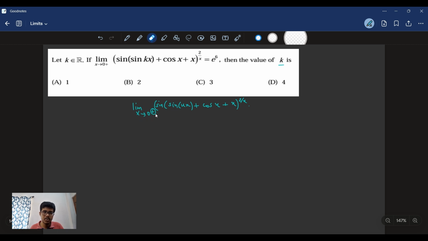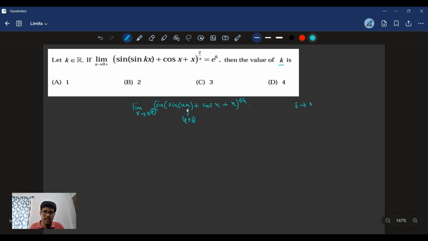Limit x tends to 0 plus, (sin(sin kx) + cos x + x) whole to the power of 2 by x. Now if I put x as 0 plus delta in place of x, and we know delta is very close to 0 and tends to 0 from the positive side of the number line.